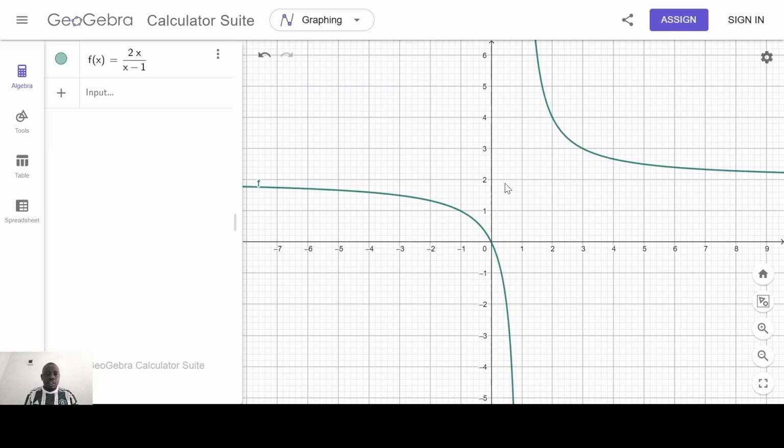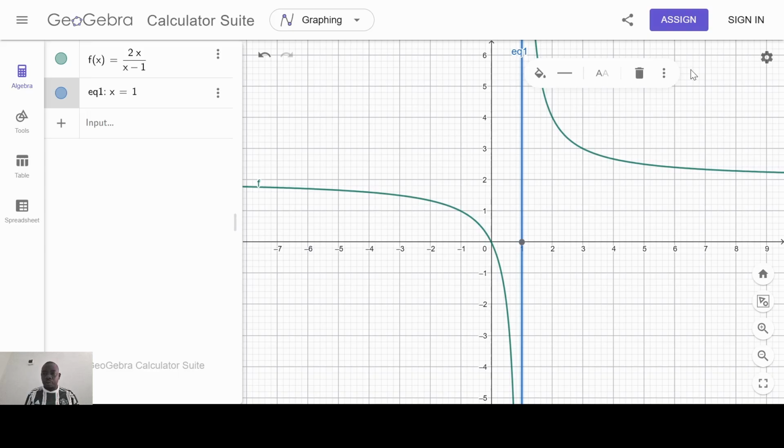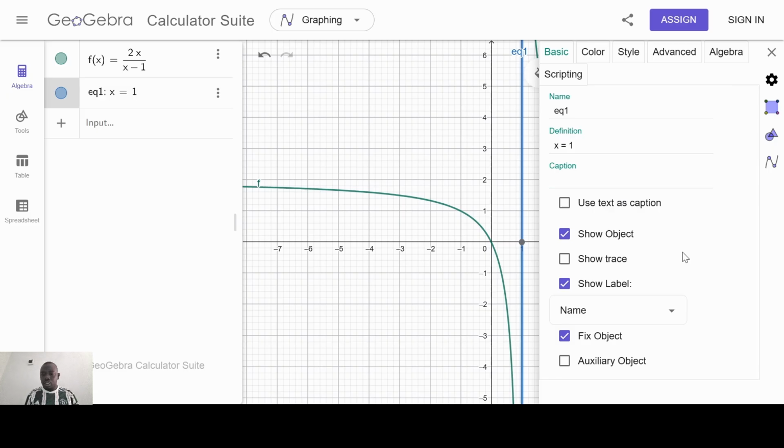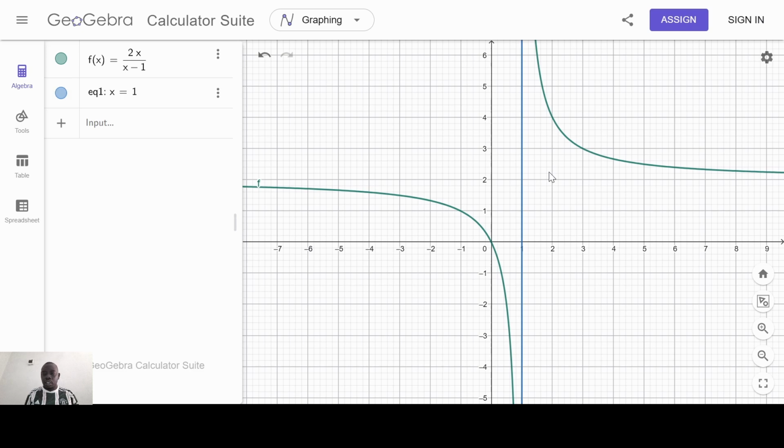So let's include these asymptotes on the graph and we see them. Since we've already discovered that the vertical asymptote is x equal to 1, we just come here and plot x equal to 1. See, the line is drawn there. So we can remove that label from settings.